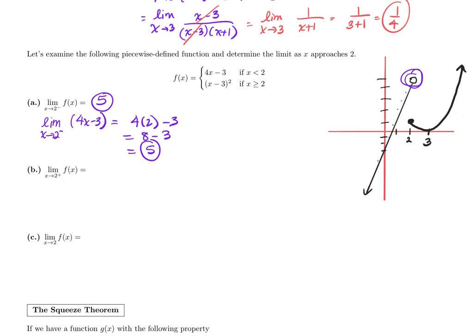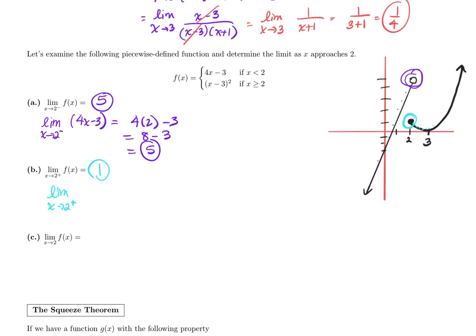So what happens when we go from the right? Well, if we look at our graph, as we get closer and closer from the right, we end up at y equals 1. So we would have 1 graphically. But if we looked at it analytically, our limit as x goes to 2 from the right means that the values are greater than 2 and coming back to 2.